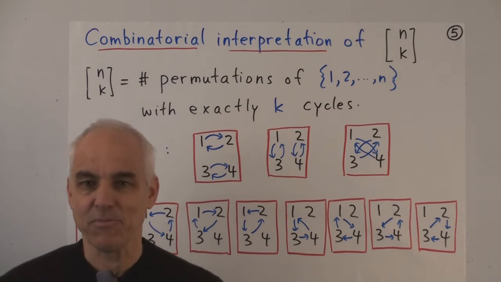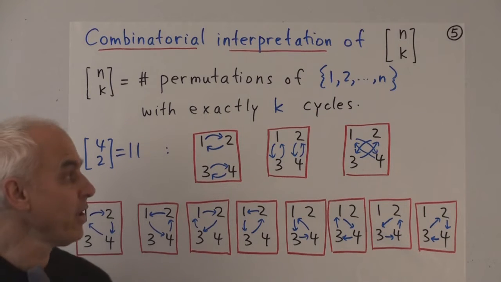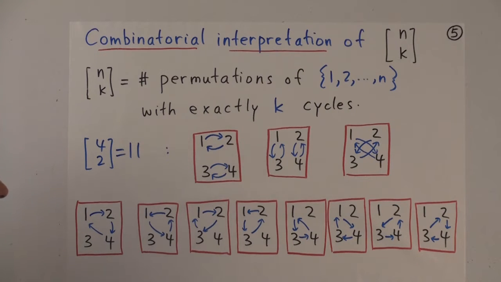So let me try to explain briefly what that means. With an example, let's look at 4 bracket 2, which we know is 11. According to this it is counting the number of permutations of the set 1, 2, 3, 4 with exactly 2 cycles.